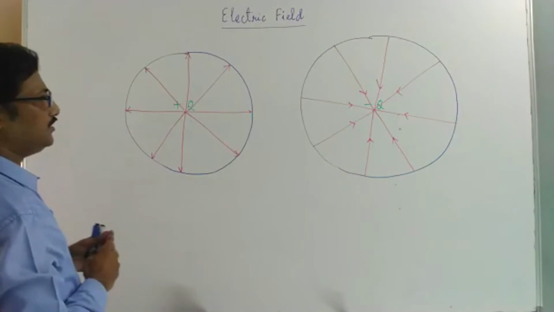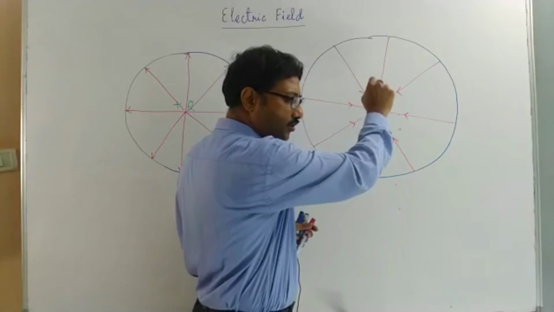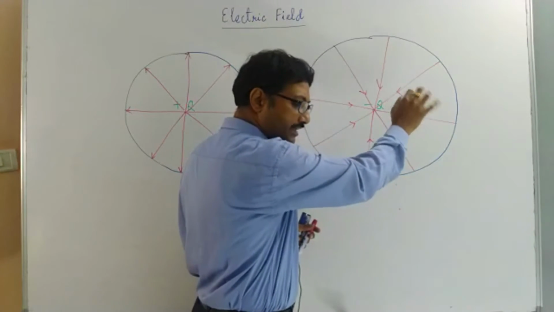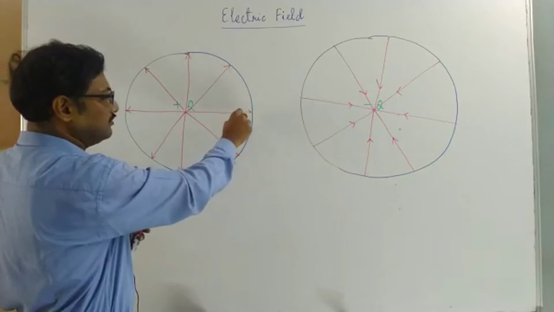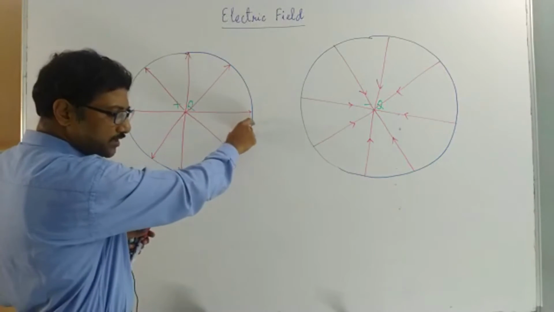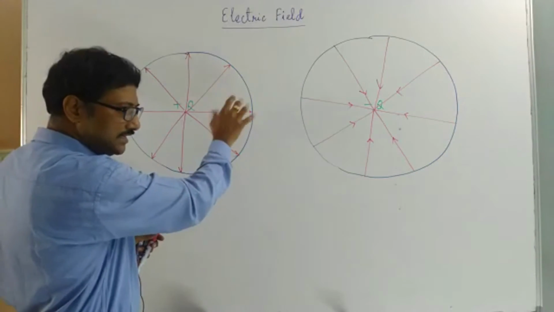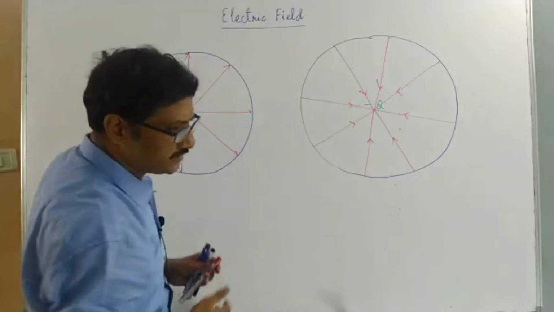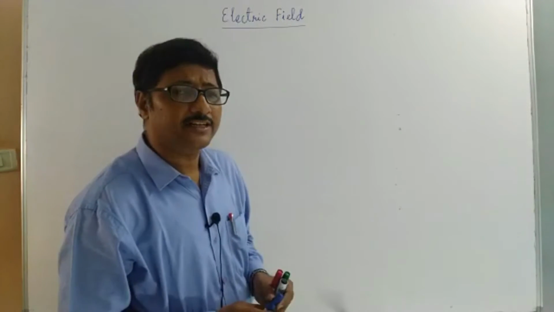This is possible because here we have force of attraction on a unit positive test charge, whereas if we consider this case, you have force of repulsion on a unit positive test charge, and that's why the difference. What is the physical significance of this electric field?